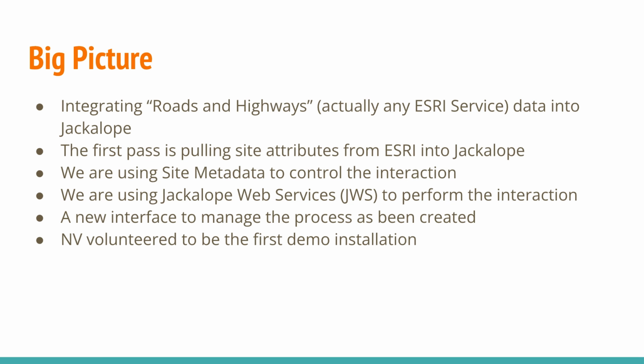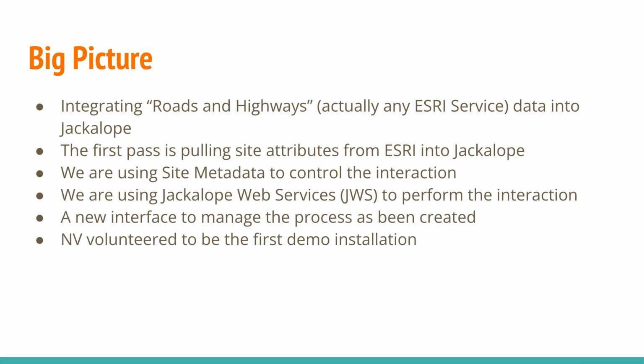So first, let me review what we're doing, since it has been a while. The idea was to integrate Jackalope with roads and highways in order to have a single point of truth for certain highway site data, basically site attributes.